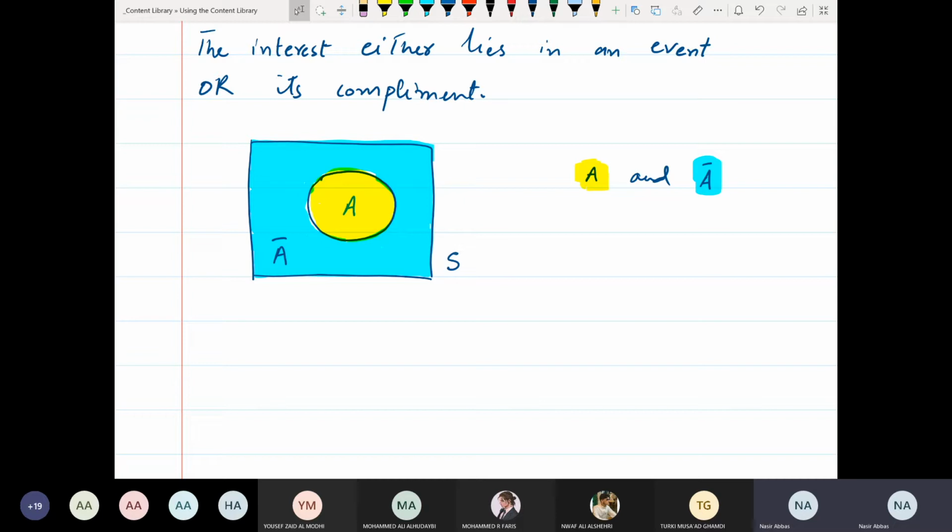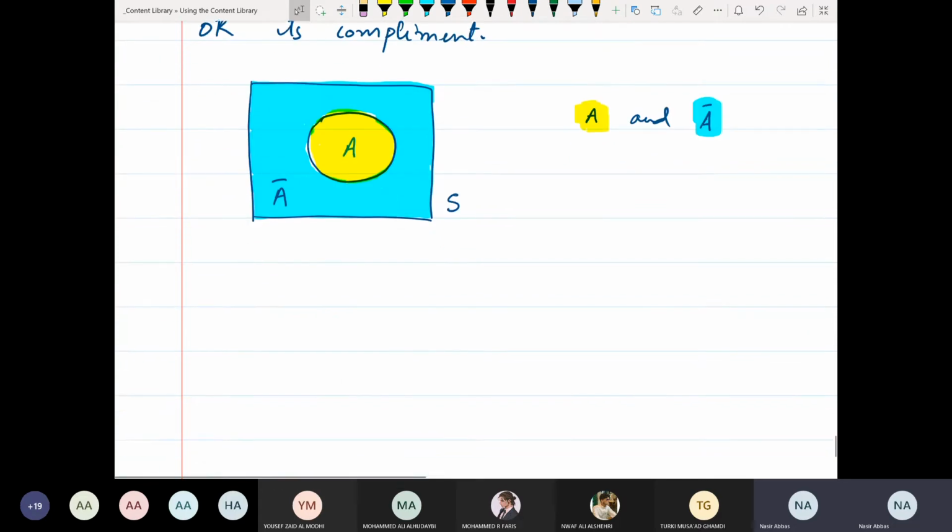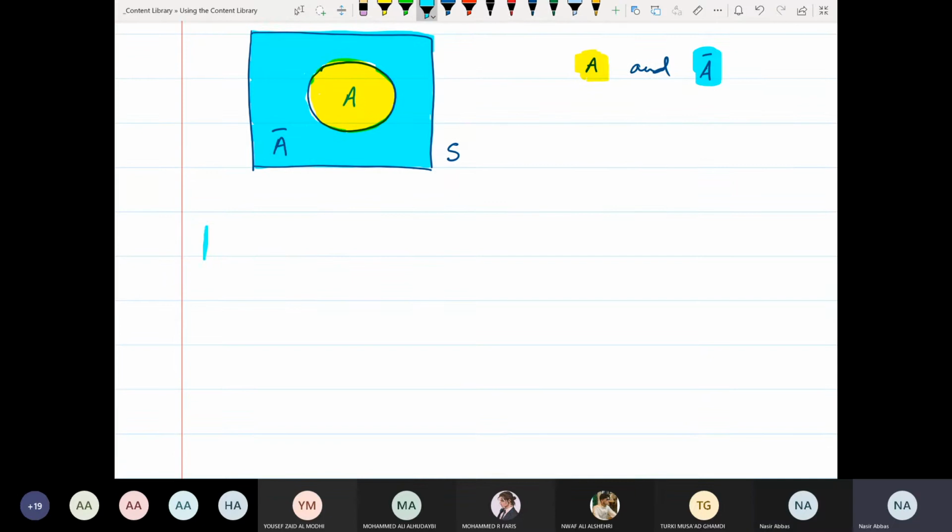So when you have more than one way categorization of the space, you may be interested in more than one event. And when you have more than one event, you may have two different types of interests. Specifically two events, I'll talk with reference to two events.